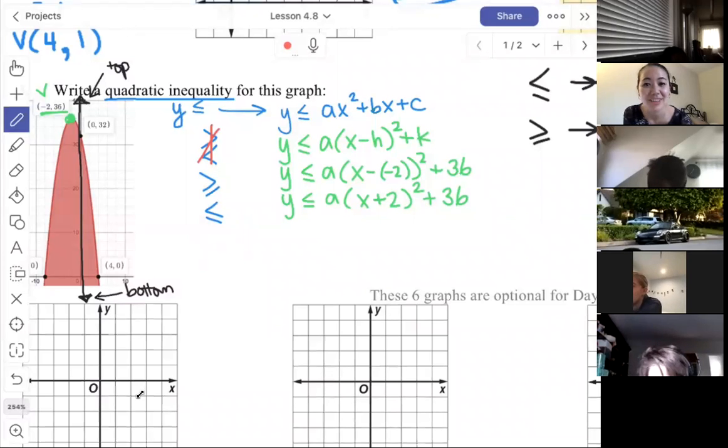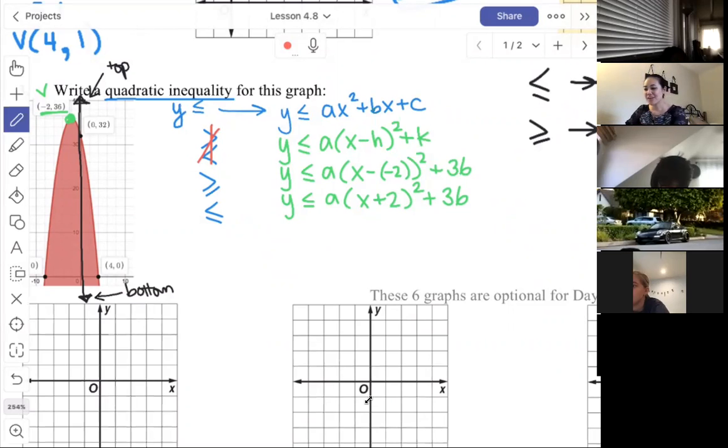A. Good, thank you, Yanni. Great participation. So we still need to figure out a. If you only have that one variable to figure out, you can pick any point you know that's on this parabola, plug it in, and solve for a.